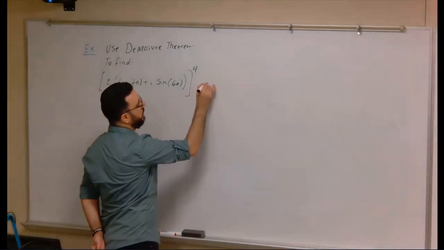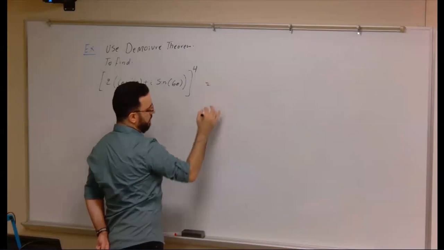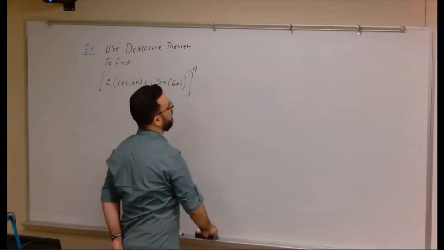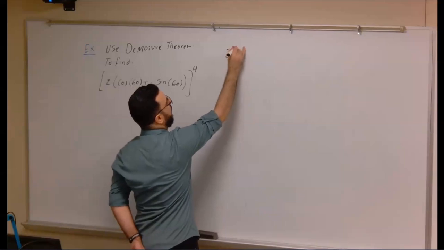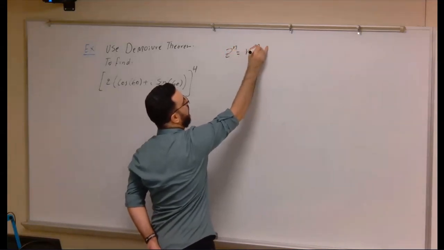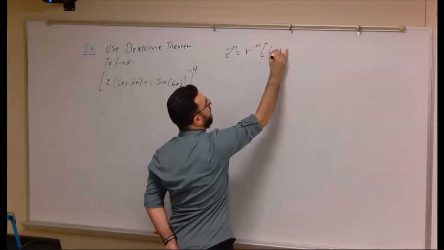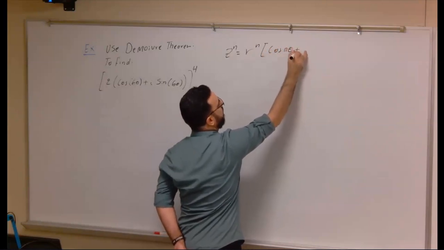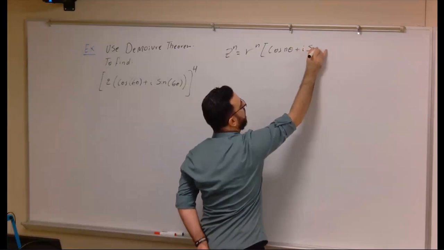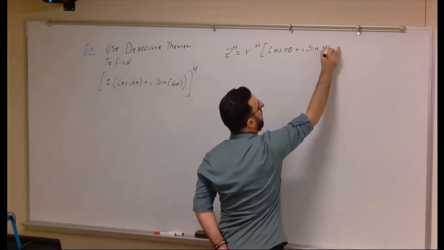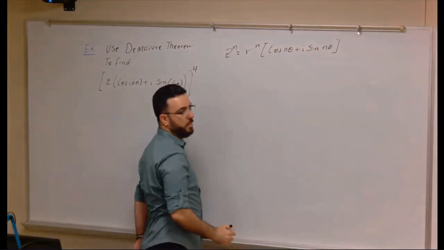It says what? Z to the power n is going to be R to the power n cosine n theta plus I sine n theta. This is the theorem.